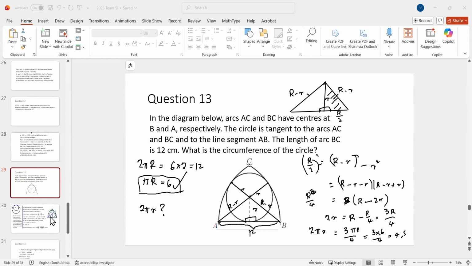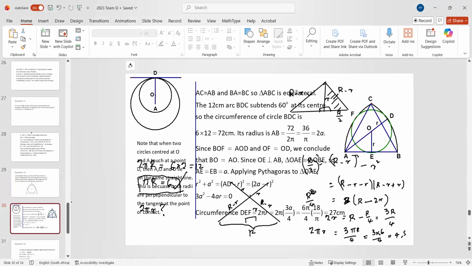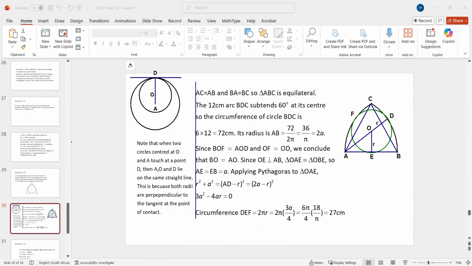Yeah, unfortunately, my answer is 27. So let's just see what happened. So what we've got here is, in the end, circumference is 2 pi r, 2 pi times 3R over 4.